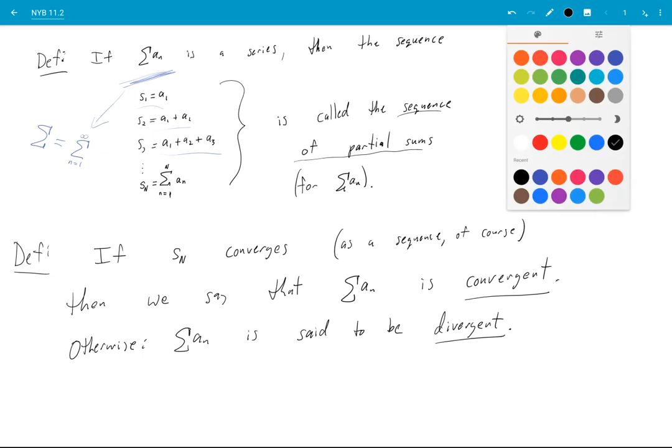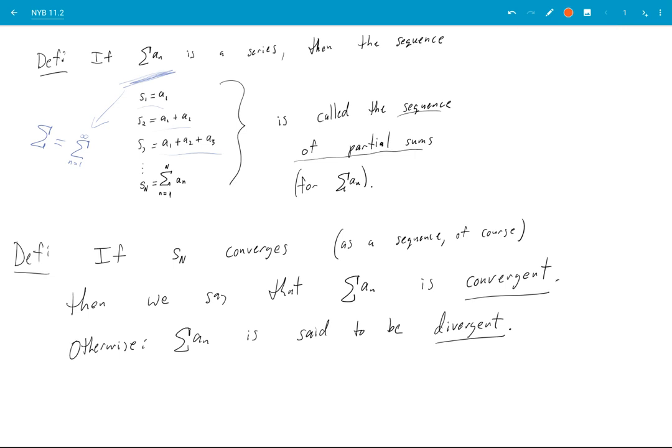Okay, so the sequence of partial sums converges. So what do we mean there? We mean that the limit of Sn as n goes to infinity equals some real number, L.